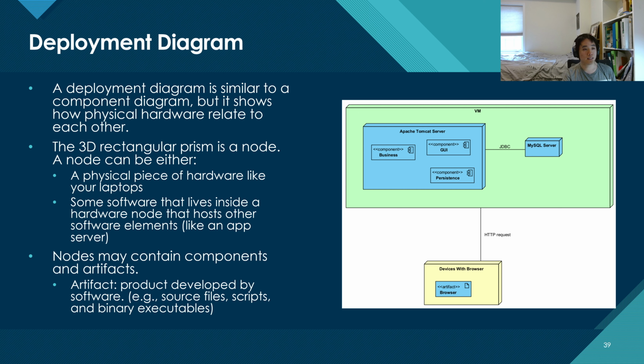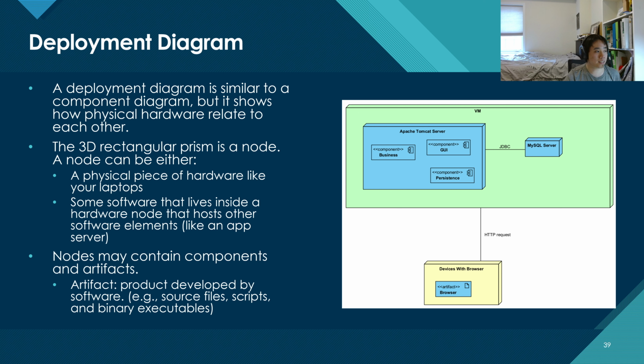Aside from the actual hardware we need, we also take a look at the relationships between them, like how these devices or objects interact with each other.